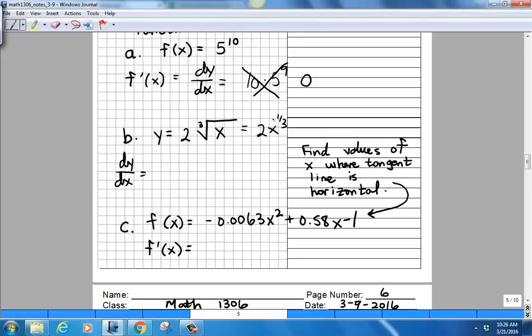Yeah, you bring the 1/3 down. You're going to bring the 1/3 down and multiply it in front here as a coefficient. So you get 1/3 times 2. That's where you got the 2/3 from. That's the very first step of the power rule. And then what's the second step of the power rule? What do we do with the 1/3?